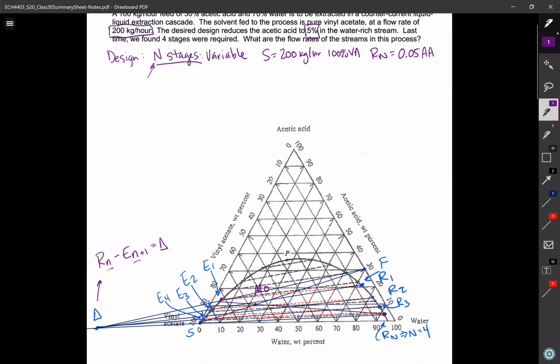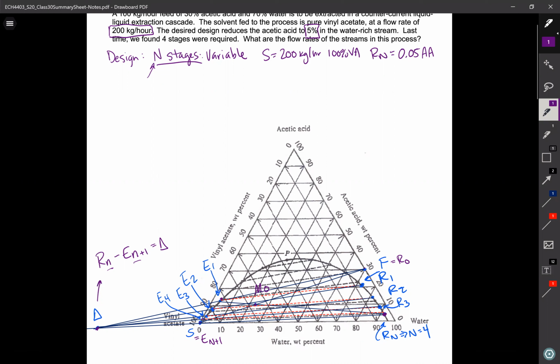So by connecting the feed point to E1, remember feed is like R0, and by tracing that line all the way over to the left, and then by figuring out where Rn and S are on a line, and remember S is kind of like E of big N plus 1, and N happened to be 4 here, so E5. Tracing that line all the way out, finding that intersection point gave us the delta point.